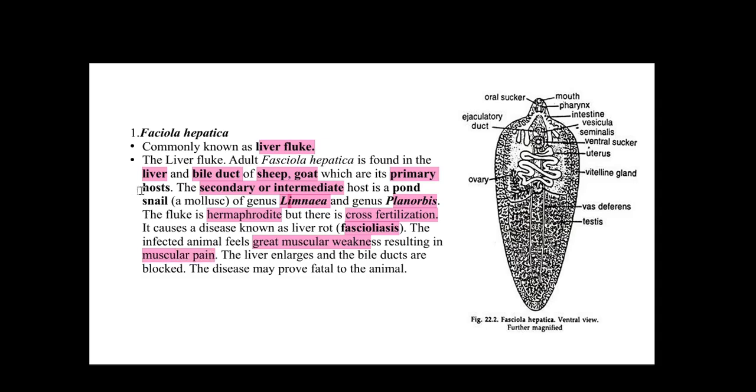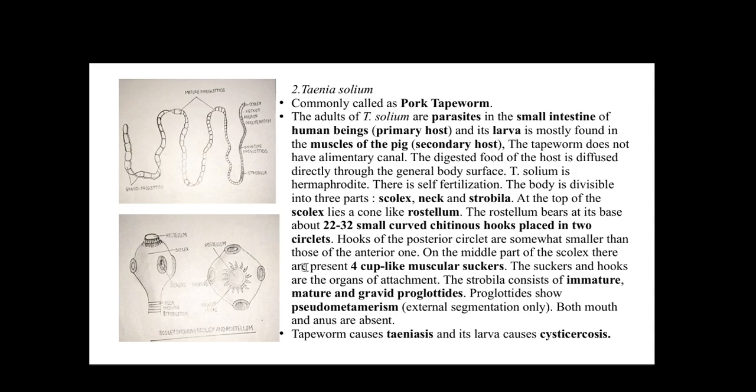Now they are present in the liver, so it also influences the liver. It enlarges the liver, bile ducts are blocked, and this Fasciola hepatica causes fascioliasis, which can be fatal for the animals. It means it can lead to death.